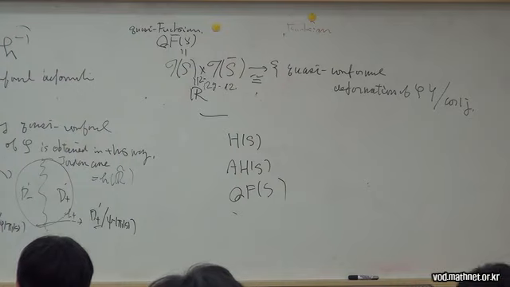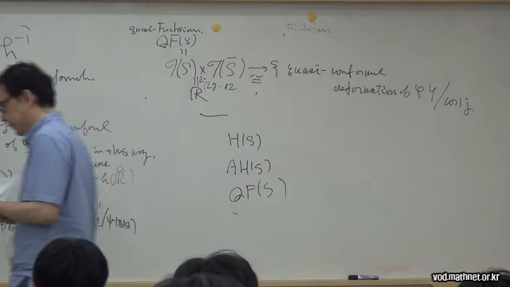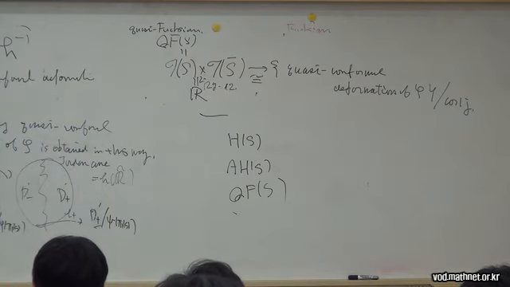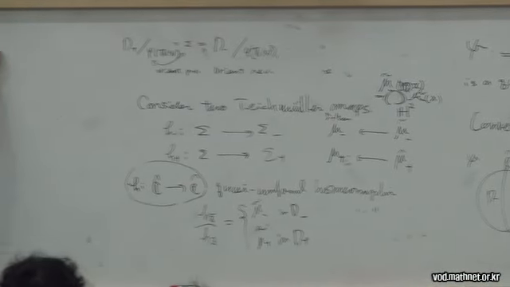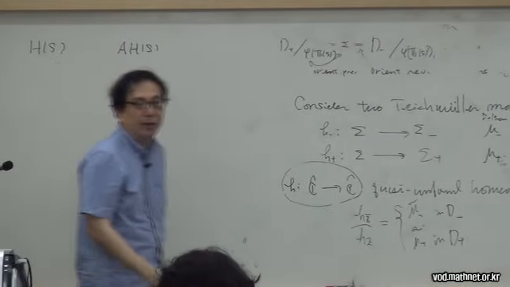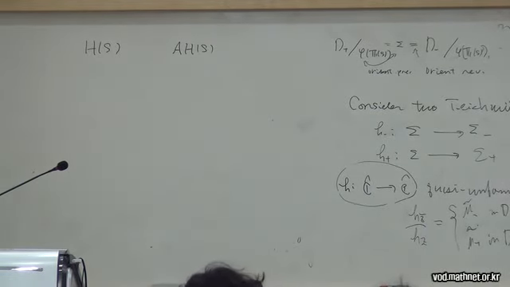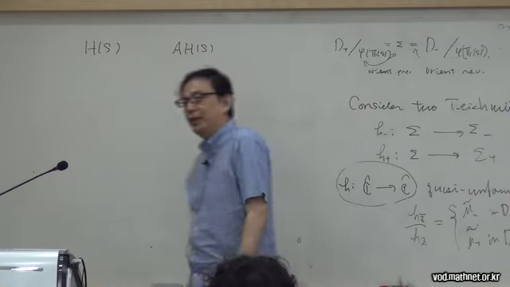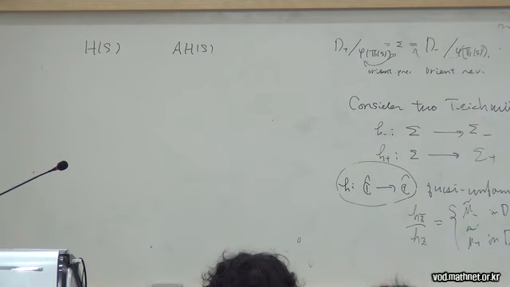So we first look at the relation between H of S and AH of S. So H of S is the space of the hyperbolic structures on S times interval, and AH of S was the space of the representations of pi 1 of S into PSL2C.